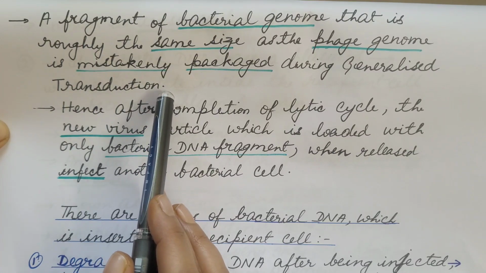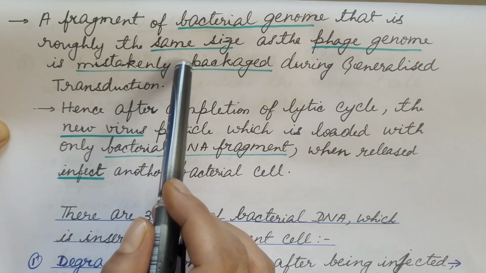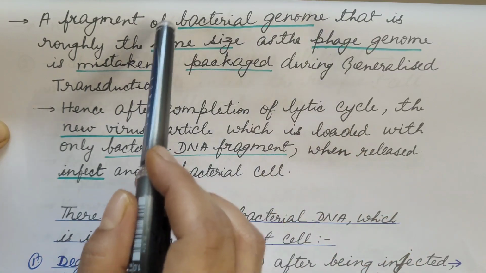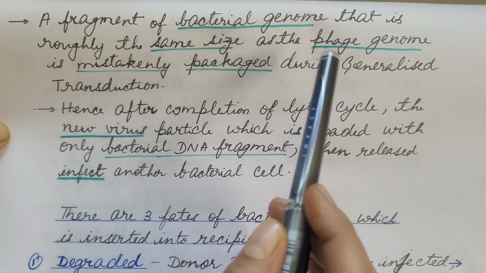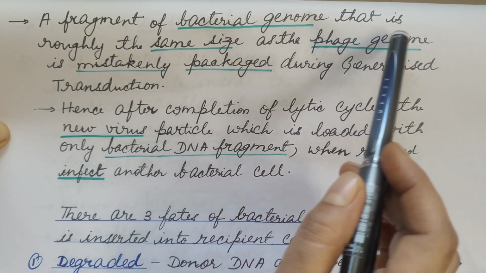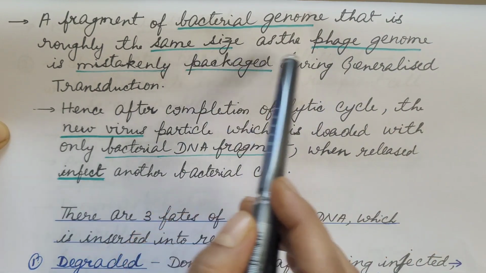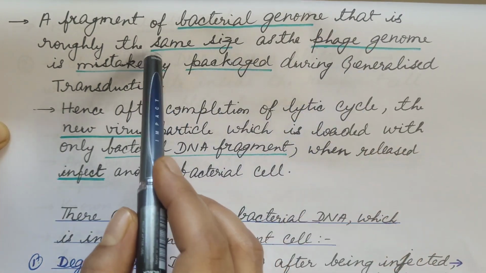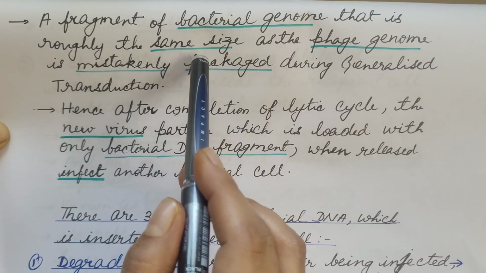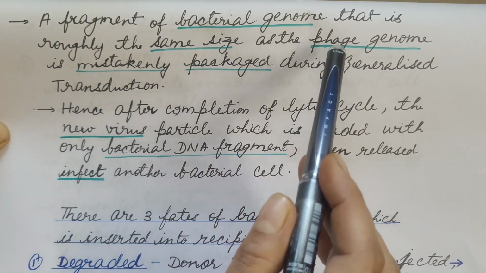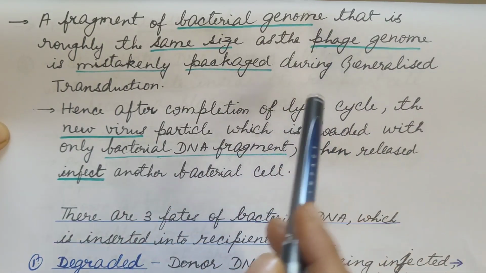So the bacterial genome that is packed in the phage particle is almost the same size as that of the phage genome. Any bacterial genome fragment that is bigger than this can't be packed.